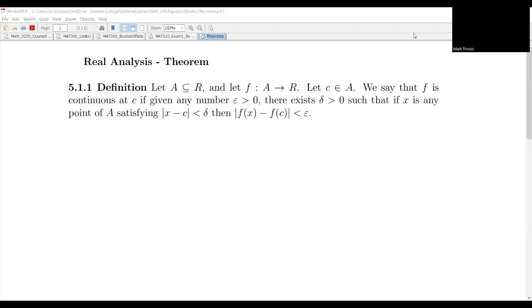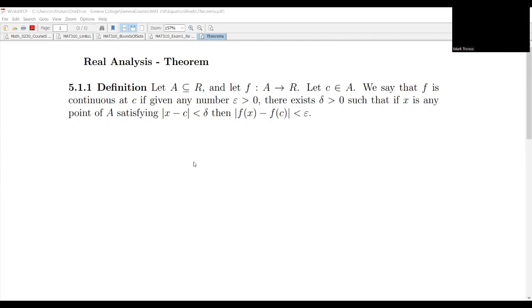So again, if we take a look at our definition, what we did, we wanted to show our function was continuous, say at a given point C. And so we let epsilon be greater than 0, just like our definition here says, and we found the delta greater than 0, that was based on that epsilon.